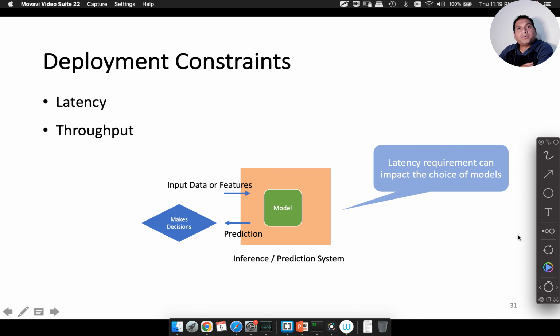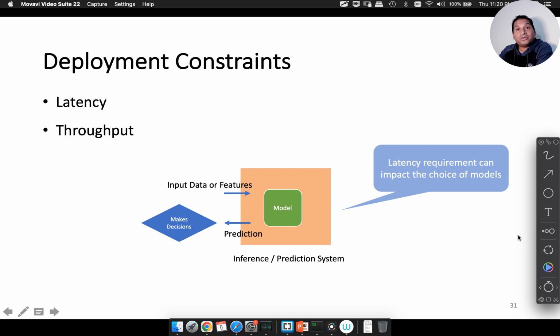The other important requirement that needs to be captured at the time of problem formulation is the deployment constraints. It's necessary to understand how these models would ultimately be deployed and how the outcome of the models would be consumed. Some of the deployment constraints, like the latency requirement or the throughput requirements, can actually limit the choice of the models.